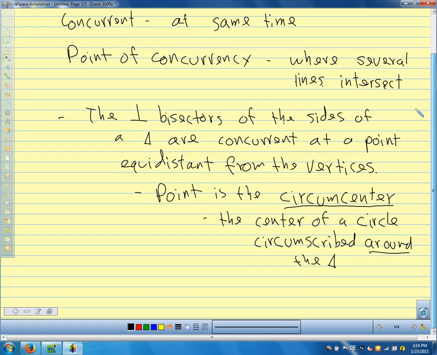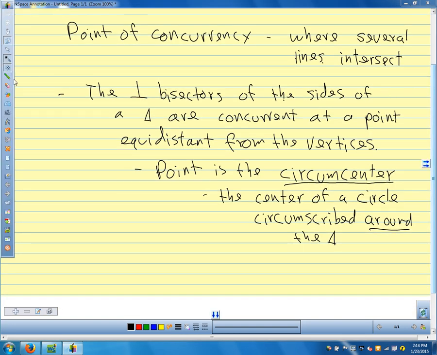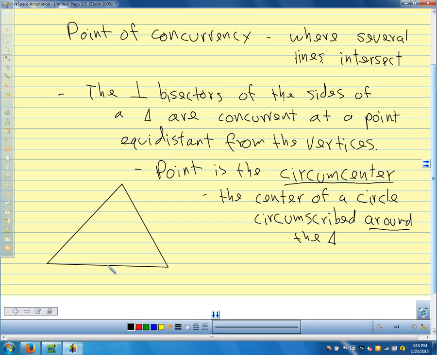So let's draw a picture of the circumcenter. How do we know if we have a circumcenter of a triangle? So here's my triangle, just any old triangle. Now the perpendicular bisectors of the sides. I'm going to guesstimate, so this isn't necessarily perfect. There's 1, there's 2, and there's 3.